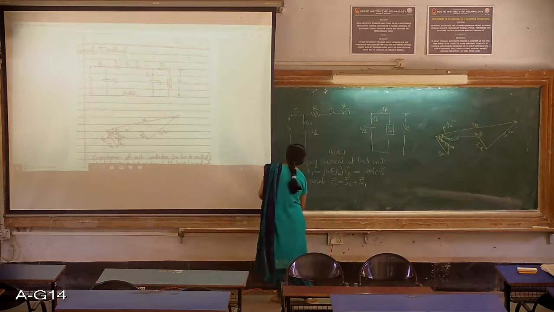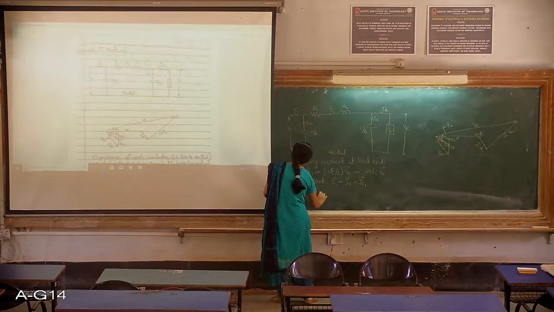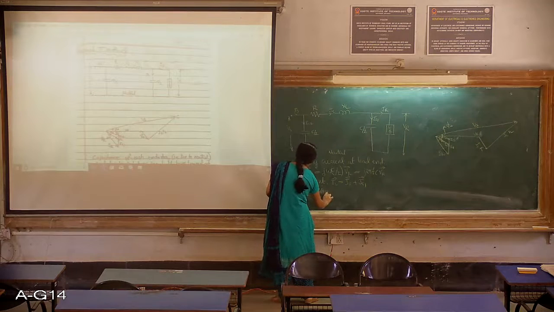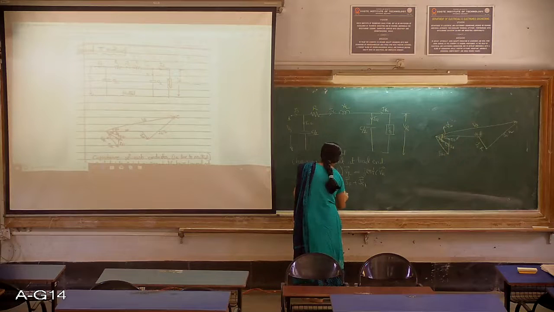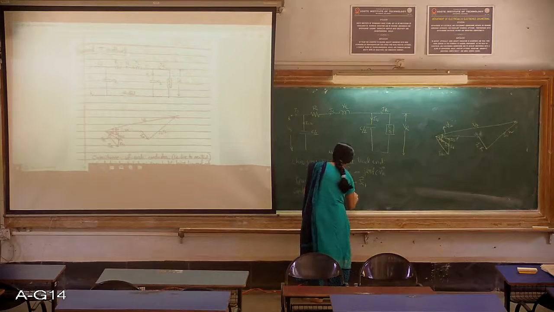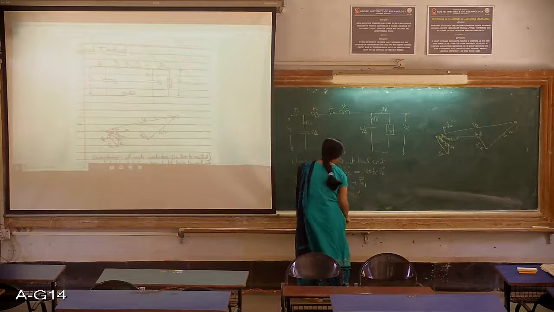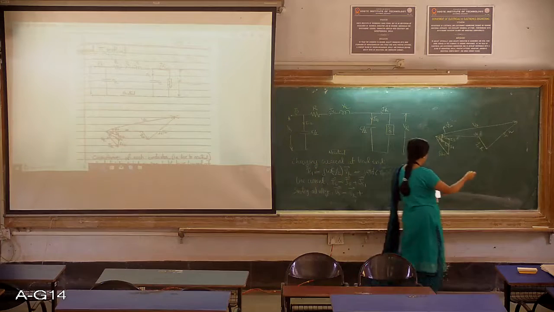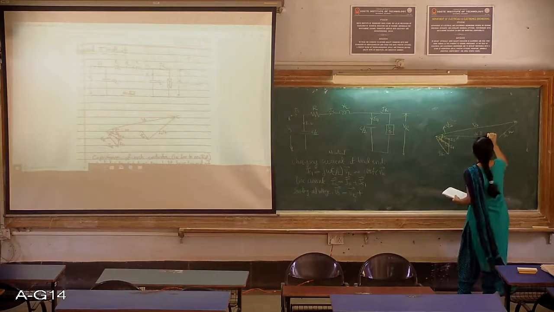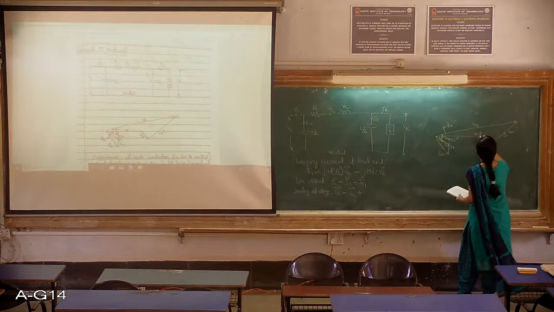Okay, then sending end voltage Vs will be VR plus, see this drop, okay, so I missed this, so you can just show a dotted line here for your convenience.